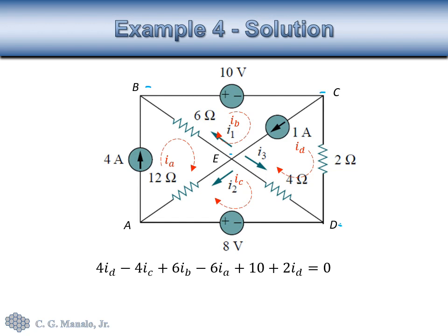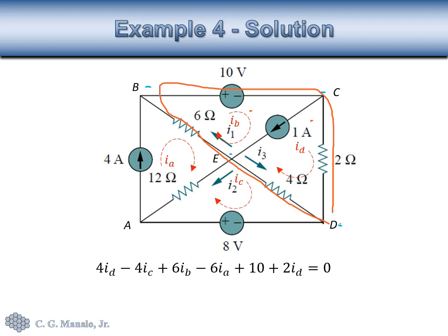This loop does not contain any current source, and therefore we can write the KVL equation. But since this now spans two small loops, so this loop and this one, we need to write the KVL equation on a per element basis.